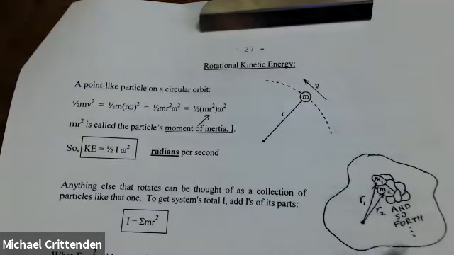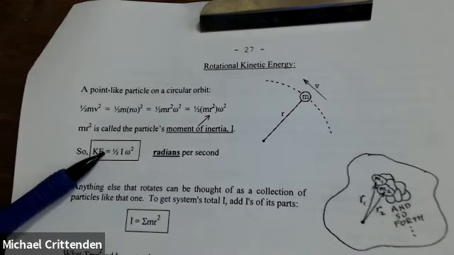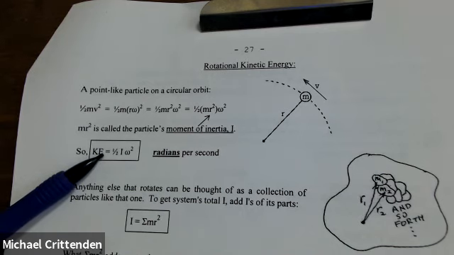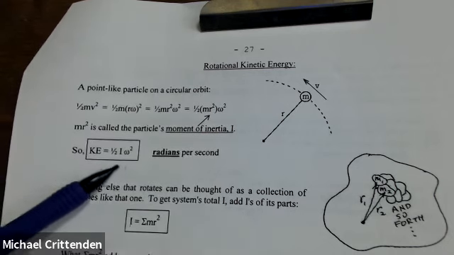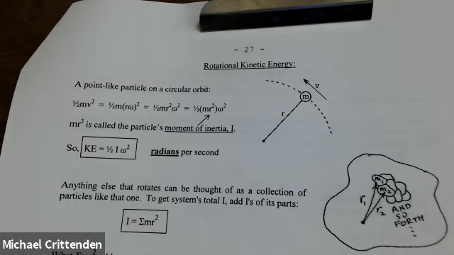I didn't draw all the little pieces, but you divide up the whole body like that into a very large number of very small pieces, add up the kinetic energy of each little piece to get the kinetic energy of the whole object.